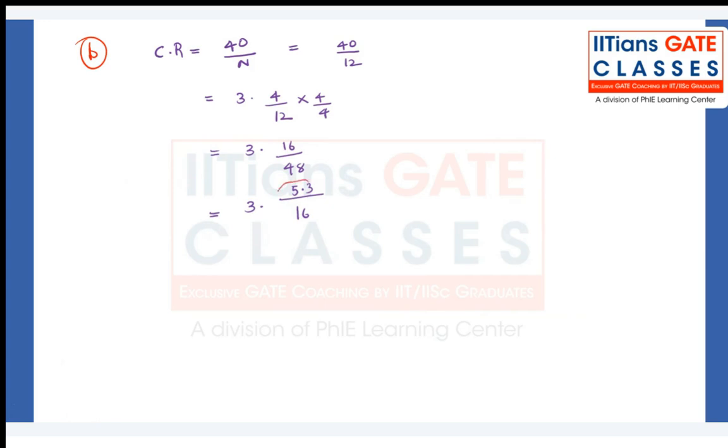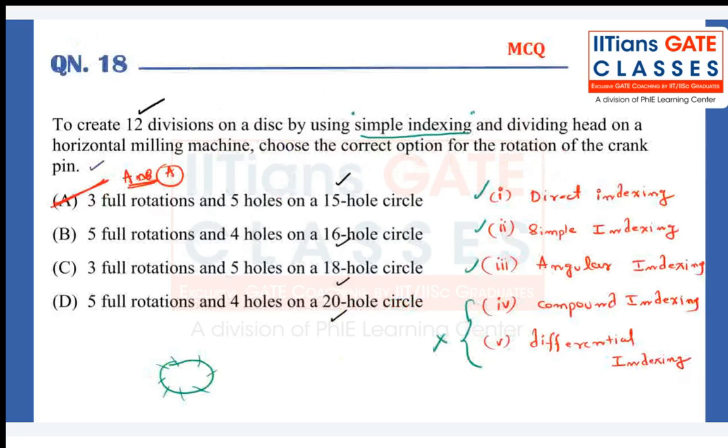It must be an integer. That is why B option is not correct.